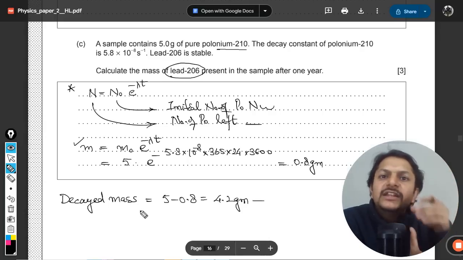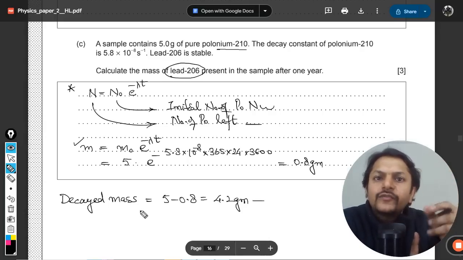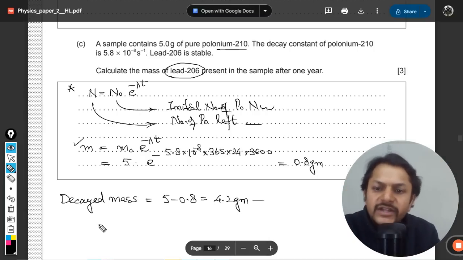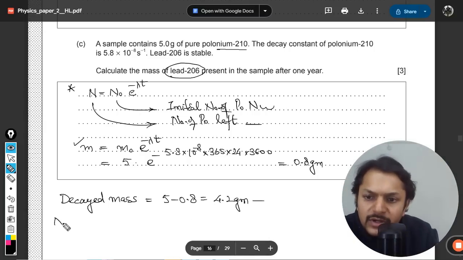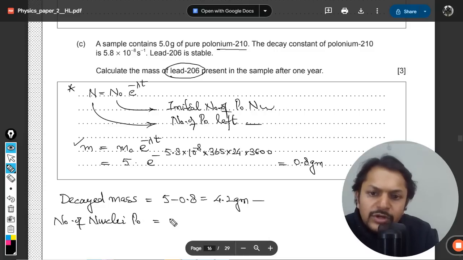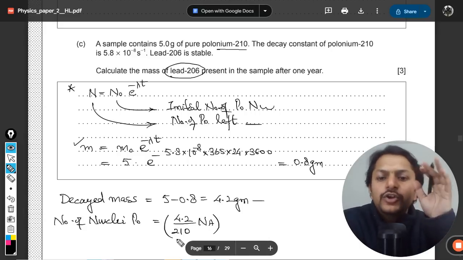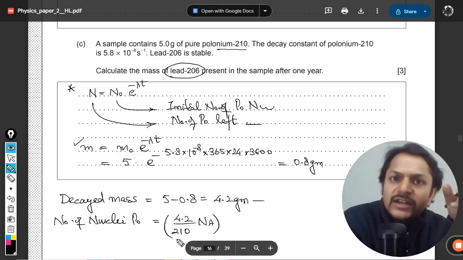Now we will find the number of nuclei of the polonium which have decayed. So that will be equal to the number of moles, we can say. So number of polonium nuclei will be first of all the number of mole, this into the Avogadro's number. So this is the number of nuclei of the polonium which have decayed.